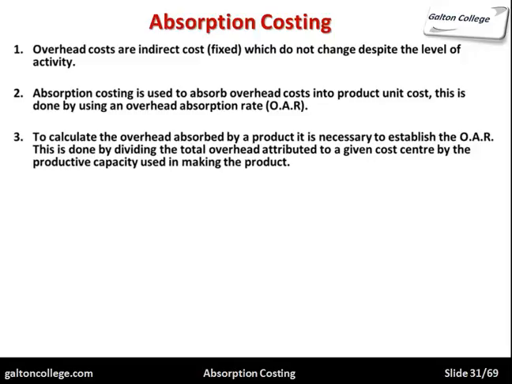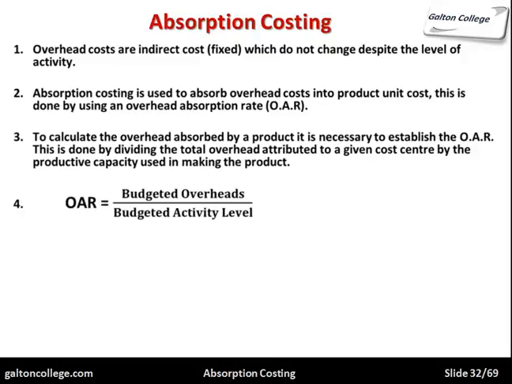So the best way to deal with this, because it does sound a little complex, is to look at an example. So it's the budgeted overheads divided by the budgeted activity level. So look at the overheads for a department that have been budgeted, and then look at the budgeted activity level, the expected activity level, and that gives the overhead absorption rate.